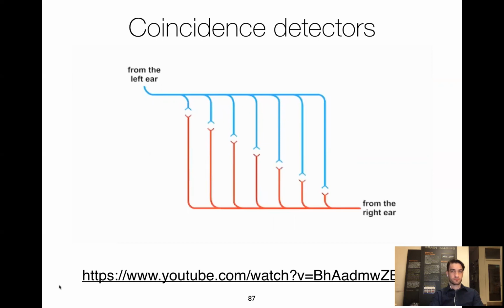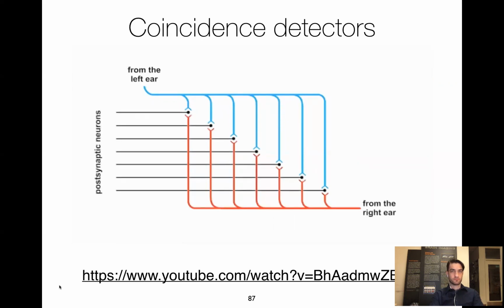These axons come together to synapse onto postsynaptic neurons, here numbered 1 through 7. We assume that it takes the same amount of time for sound from the left ear to reach X as it takes for sound from the right ear to reach Y, and that these neurons, 1 through 7, are maximally activated when sound signals reach them simultaneously.